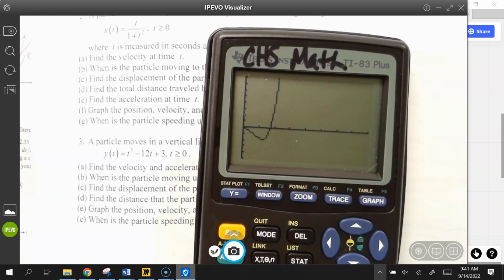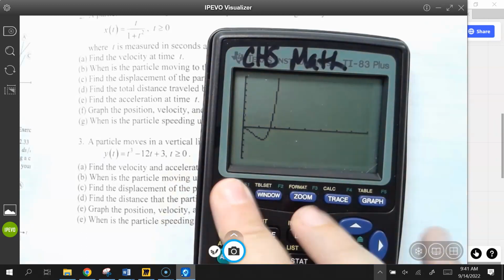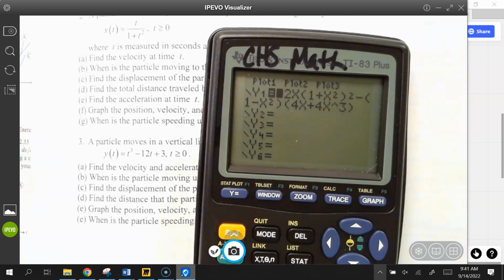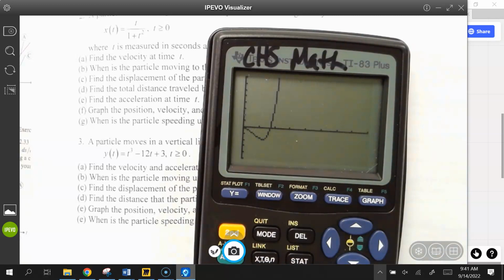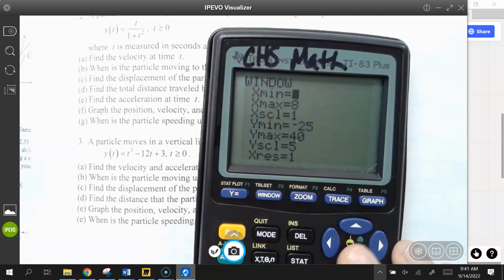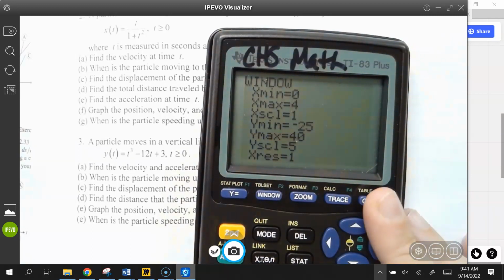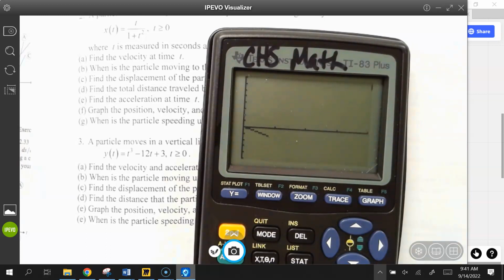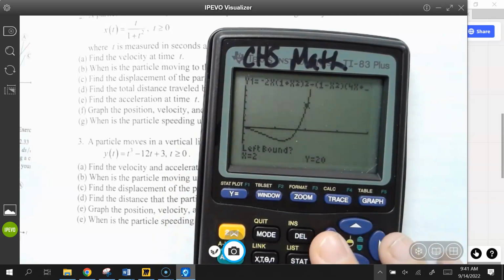Is that what y'all got? Whatever it was on before, I didn't change it. I might change this instead of 8 to 4. Up and down, it really doesn't matter because I'm just looking for, remember I set it equal to 0, so I'm just looking for where it crosses the x-axis. So I'm going to calculate the 0.